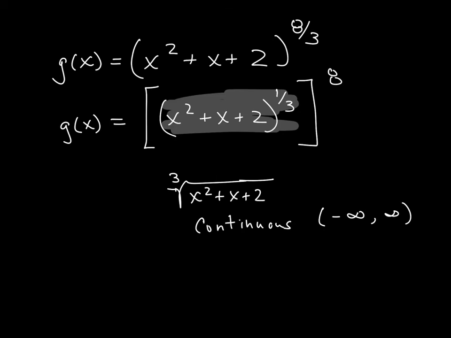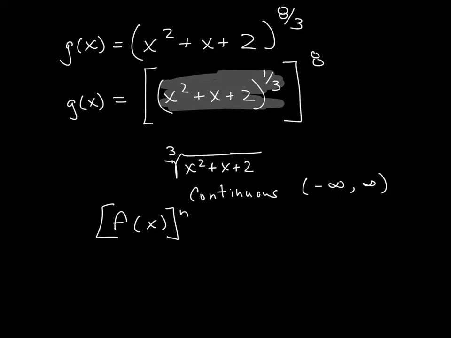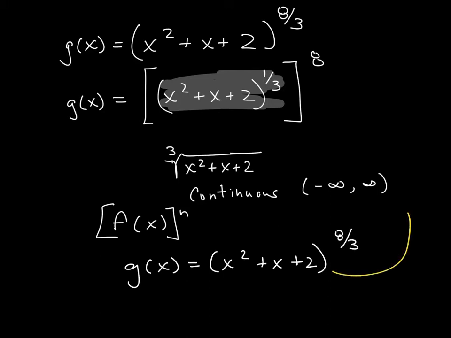Because I am taking this inside function and raising it to the 8th power, g of x equals x squared plus x plus 2 to the 8/3 has the same continuity as that inside function, which is negative infinity to positive infinity.